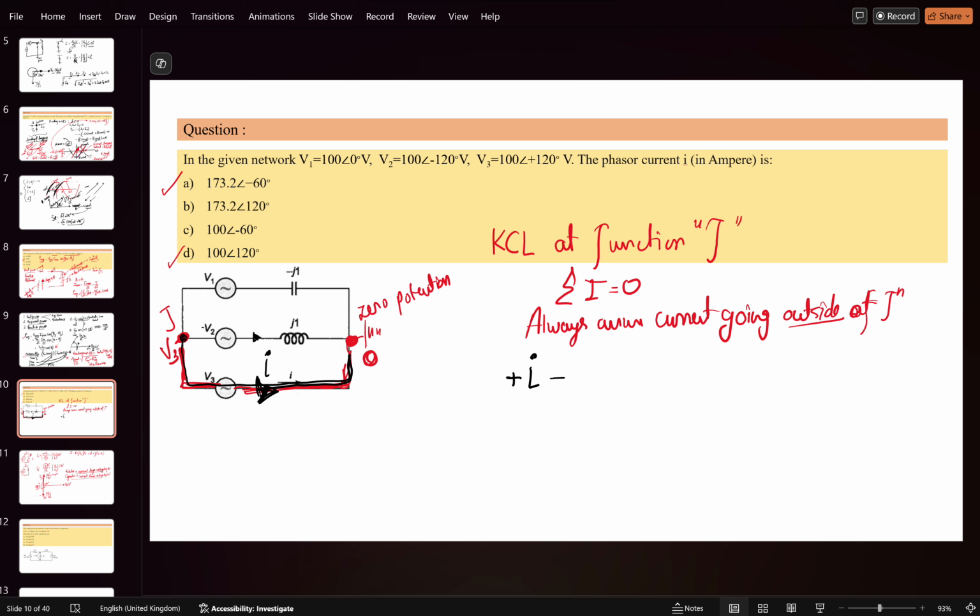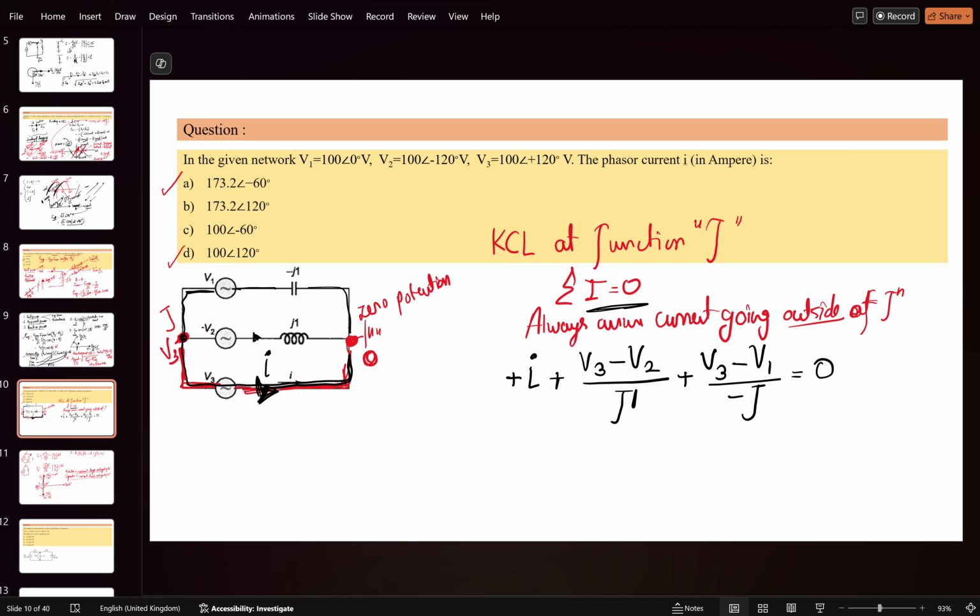So (V3 minus V2) divided by J1, because V3 is at a higher potential, plus (V3 minus V1) divided by minus J will be equal to 0. Summation of I is equal to 0. I've assumed that the current always goes out of the junction.